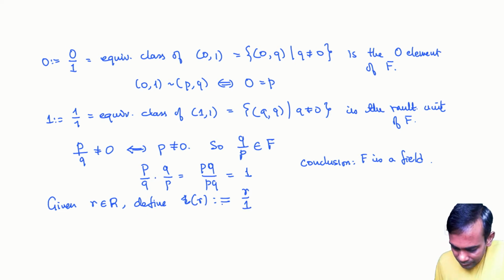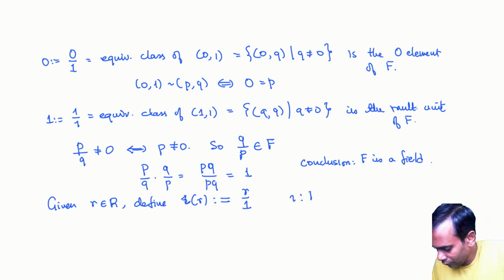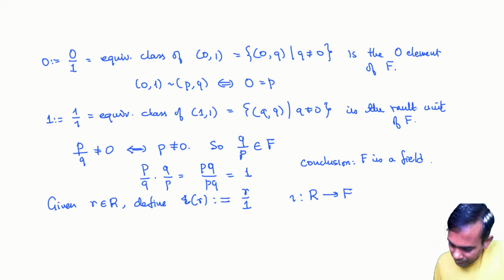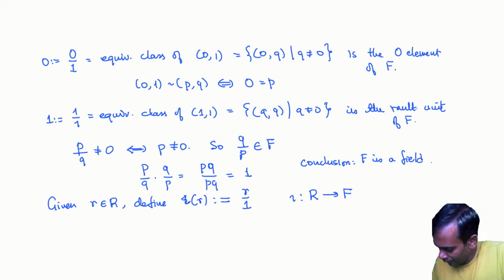It turns out that this iota is a function from R to F, and it is an injective function. That's not difficult to see, because if r by 1 is equal to s by 1, the definition of equivalence implies that r is equal to s.